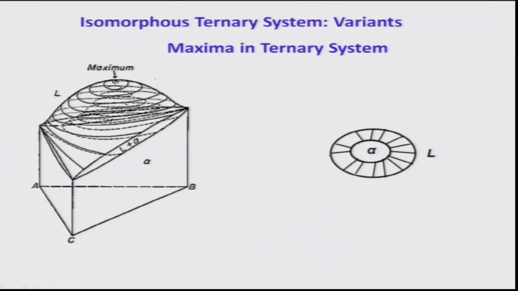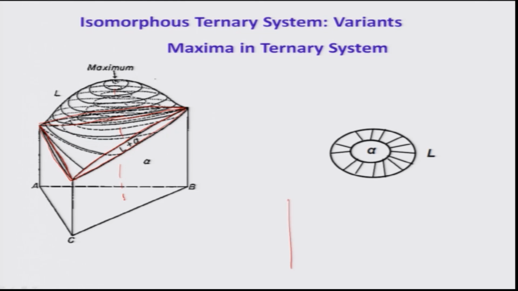Second variation is that I can also have a situation like this, which I was telling you. All the three binaries will be isomorphous type like this. This is one isomorphous, there is another isomorphous, and the third one is also shown, it is isomorphous. But inside the ternary triangle, the liquid actually develops a miscibility gap, and because of that there is a dome.